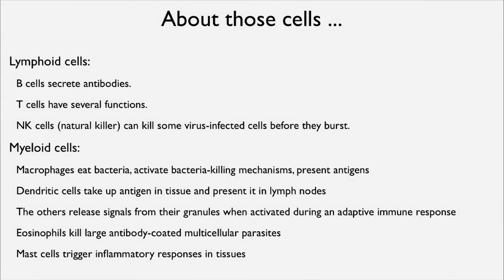The other cells are going to release signals from their granules when they're activated. Eosinophils are capable of killing a large antibody-coated multicellular parasite, so something like a digenetic trematode, schistosomiasis, or a hookworm. And mast cells trigger inflammatory responses in tissues. So one of the things to remember about the immune system is that it consists of different cell populations, and those cells have different specific functions.